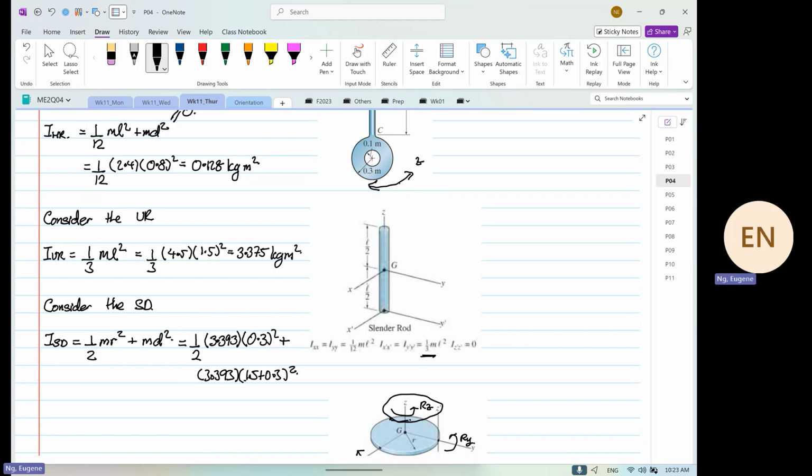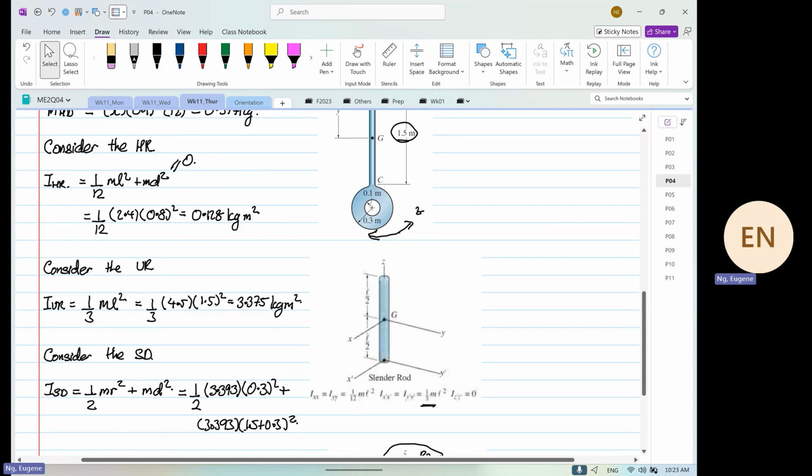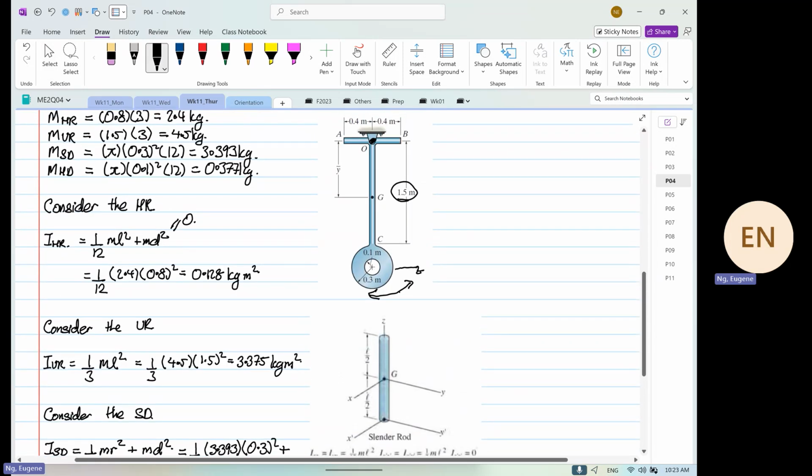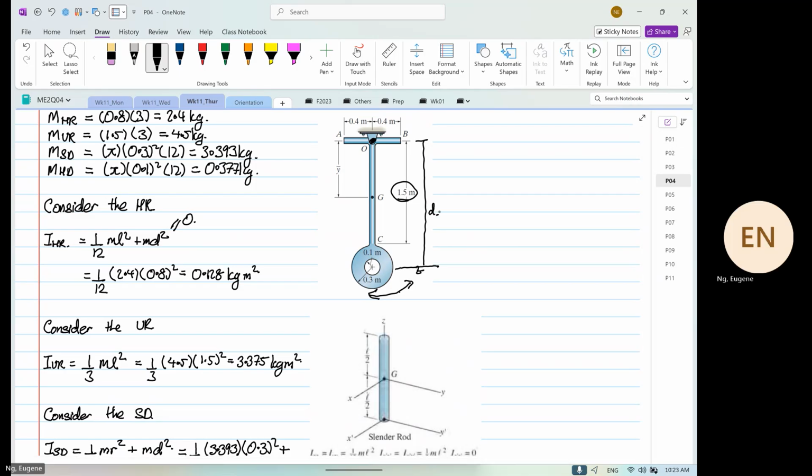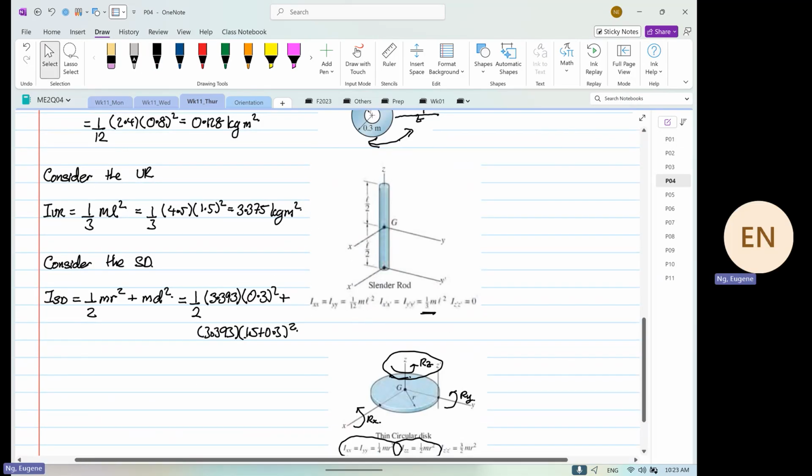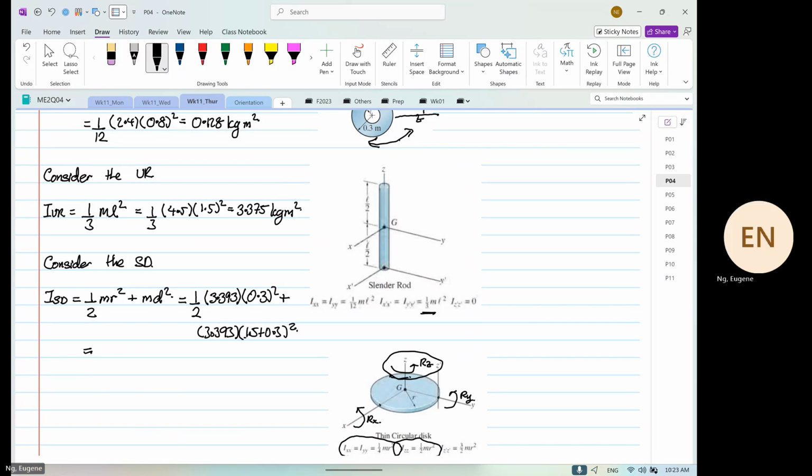Are we clear? So it's half times 3.393 times 0.3 squared, plus 3.393 times 1.8 squared.